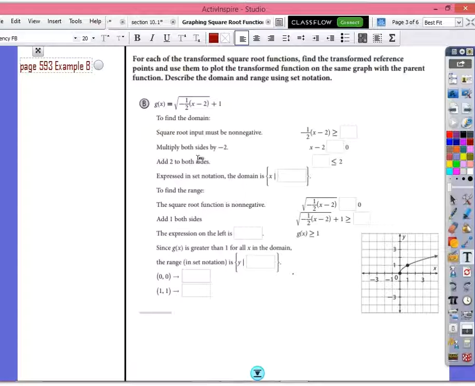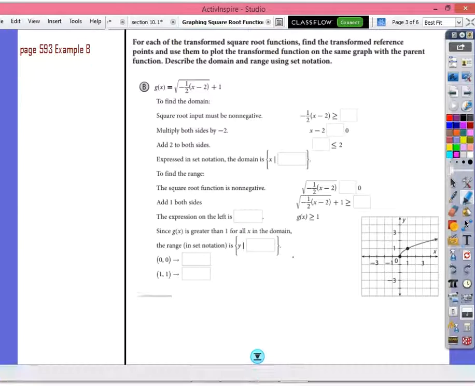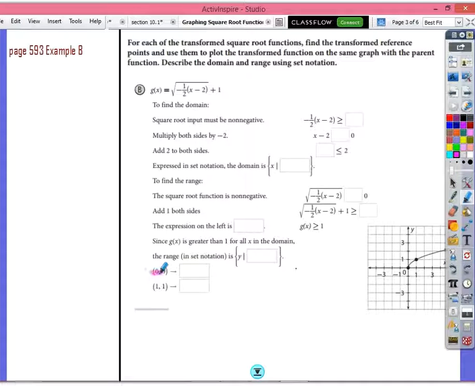Okay, so for these types of problems, what we want to do is find the transformed reference points. So down here at the bottom, these are the reference points they're referring to, 0, 0, and 1, 1 in this case. Those 2 points here are marked on the graph.